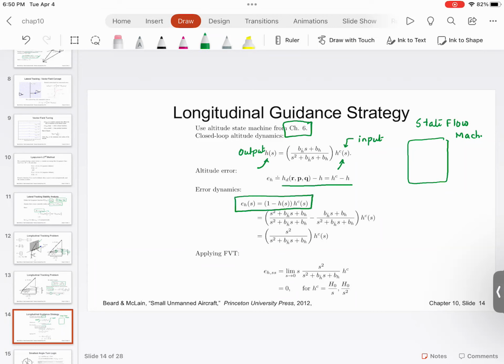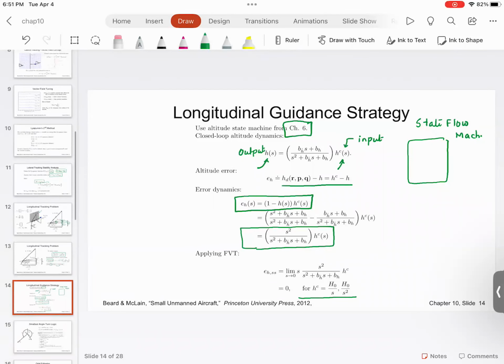Then we tune the gains so that this error equation is controlled. You can use the final value theorem to find the steady state values, and then you will get the steady state values of the error, something like this.